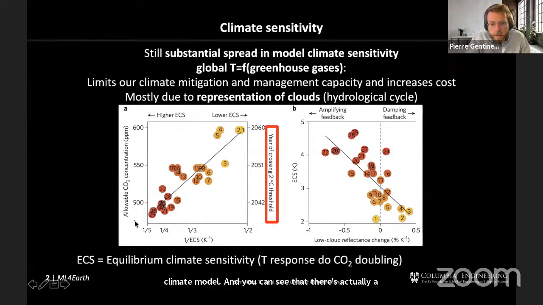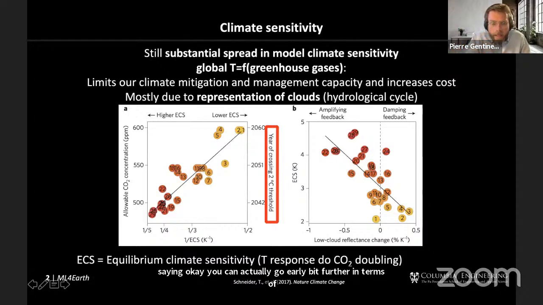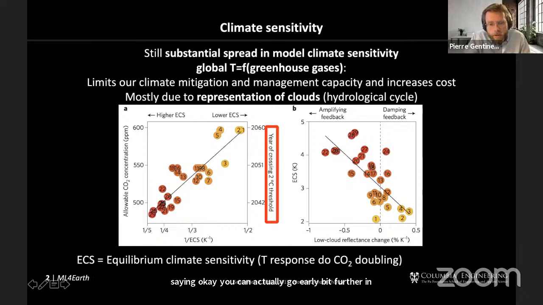On the x-axis is like the inverse of temperature for a given amount of CO2 concentration. So there's this really wide range, and you have some models that are very aggressive. It means that you will need very low CO2 concentration to reach a higher temperature, and some models that are a little bit more optimistic, saying you can go a little bit further in terms of CO2 concentration, you can emit a lot more, and then the planet will actually be a bit cooler.